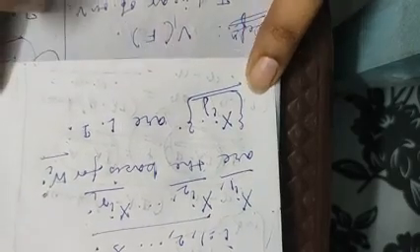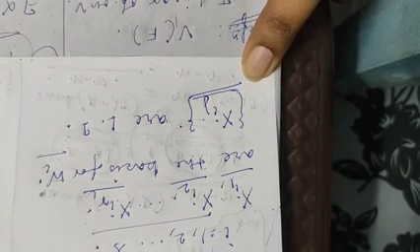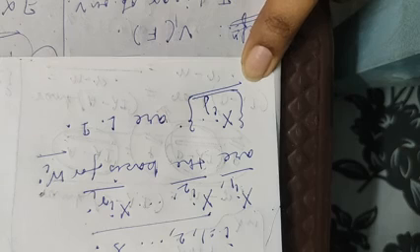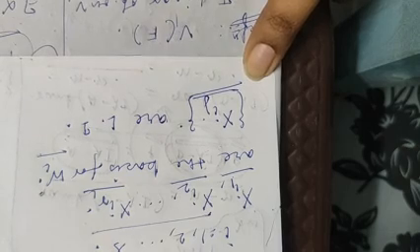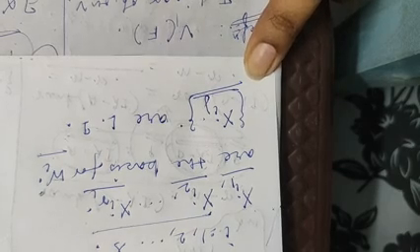So for that, we have to consider the relation C1 xi1 plus C2 xi2 dot dot C ri xi ri equals theta. Then we need to prove that all of C1, C2, dot dot, C ri should be equal to 0 for proving this is linearly independent.